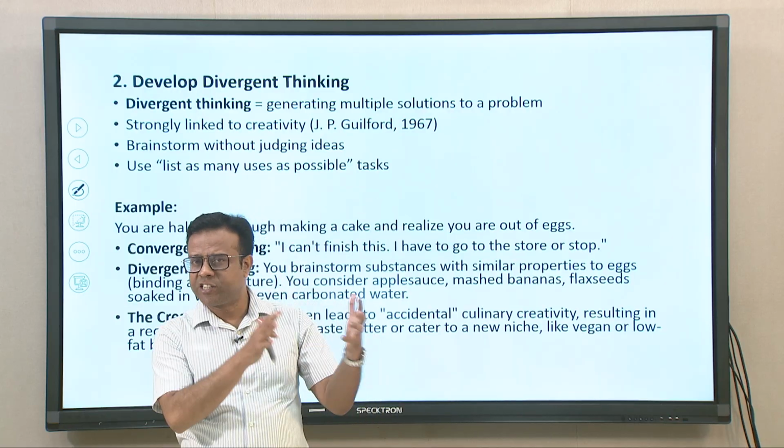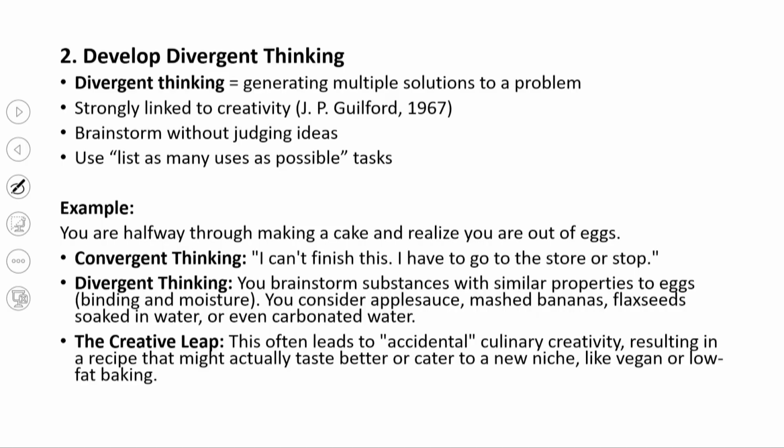Second is obviously the divergent thinking that we talked about elaborately in the lecture also. That is the hallmark of creative thinking, it is very strongly linked to creativity. So, to become creative, one needs to think divergently, brainstorm without judging ideas, whether the idea is good or bad, do not judge. Sometimes silly ideas can lead to creative ideas and so on.